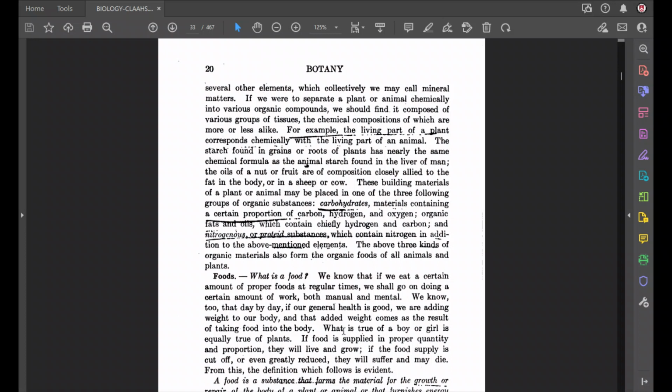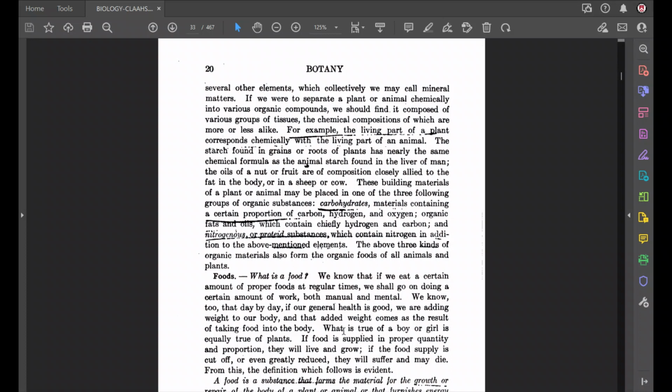If we were to separate a plant or animal chemically into all of its various organic compounds, we would find that it is composed of various groups of tissues, the chemical compositions of which are more or less the same. For example, the living part of a plant chemically is like the living part of an animal.